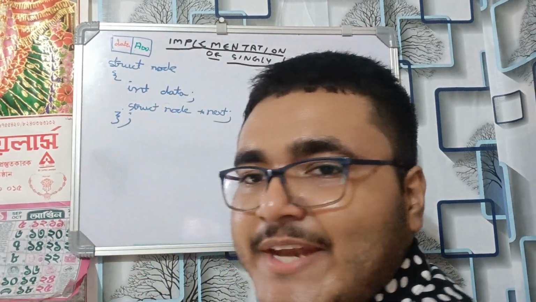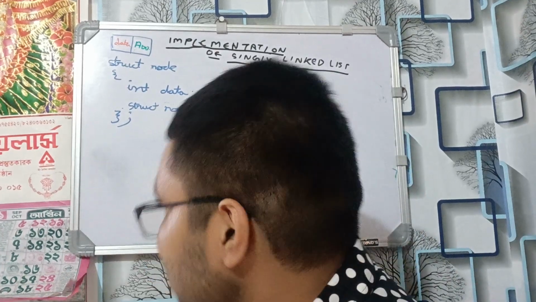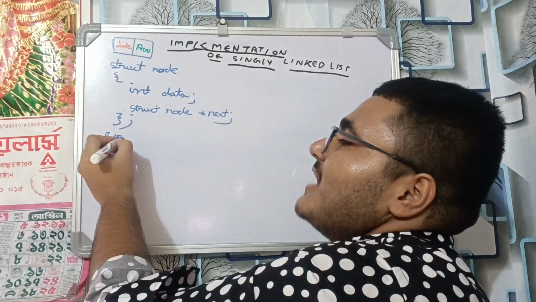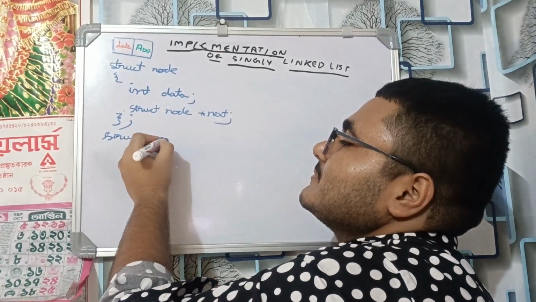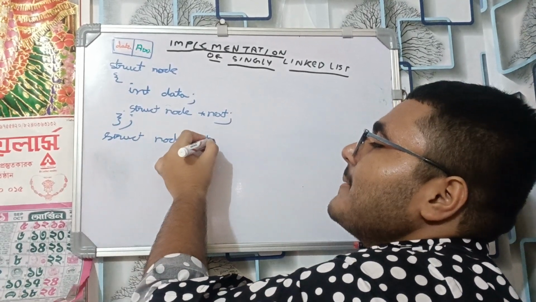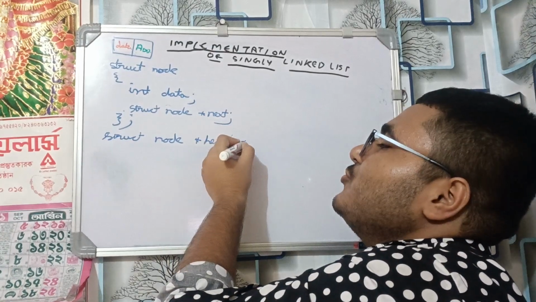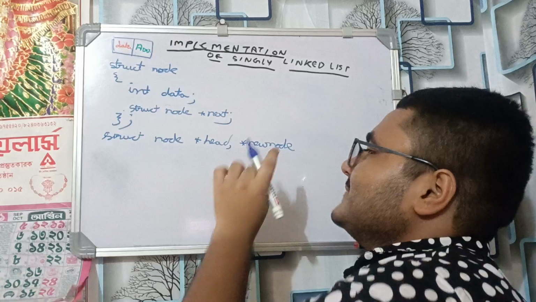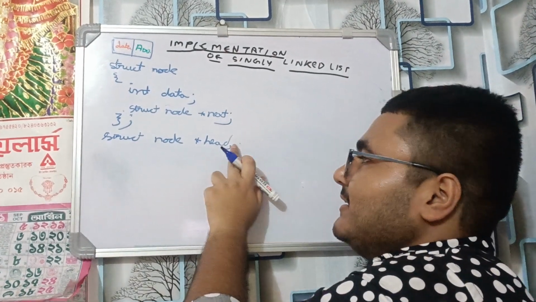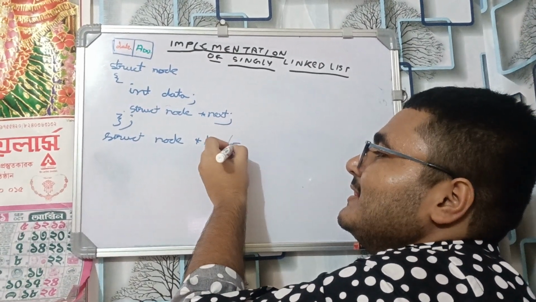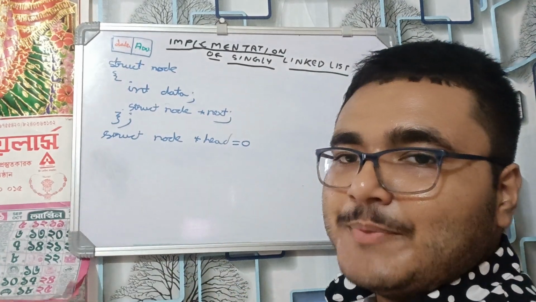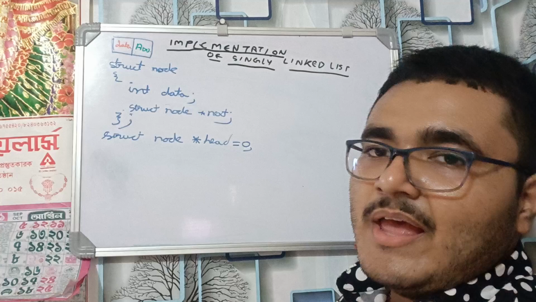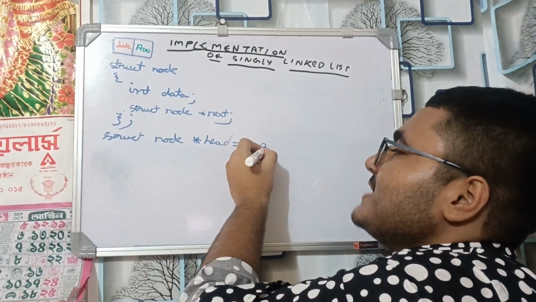So I am taking a variable for that. Say struct node, I am taking it globally, struct node head and new node. Fine. Head has nothing initially, so I am keeping it null. And for new node, of course new nodes are going to come.